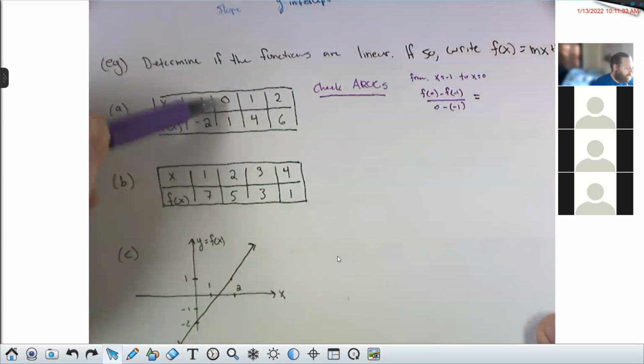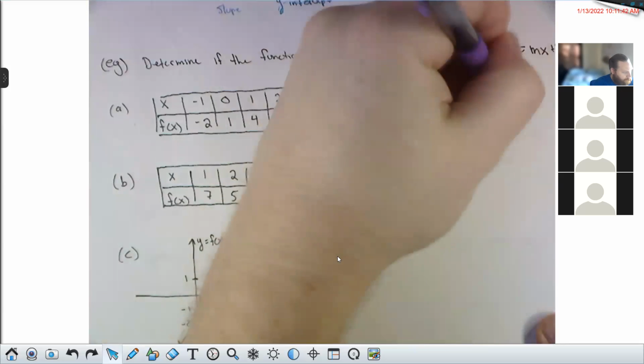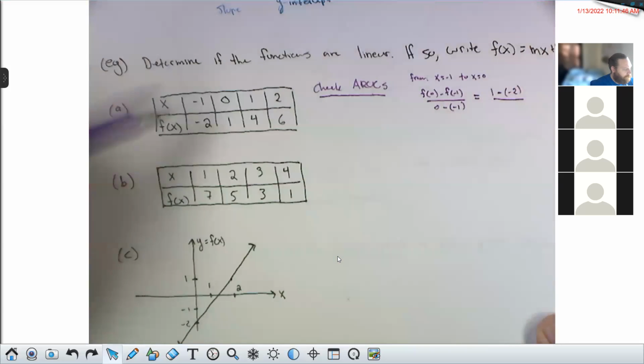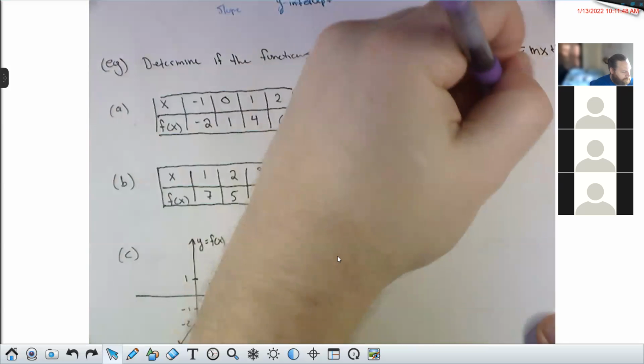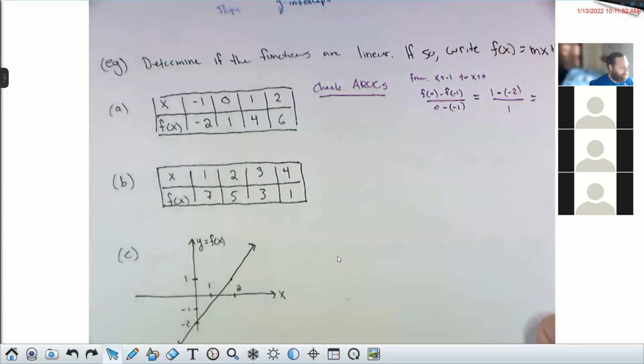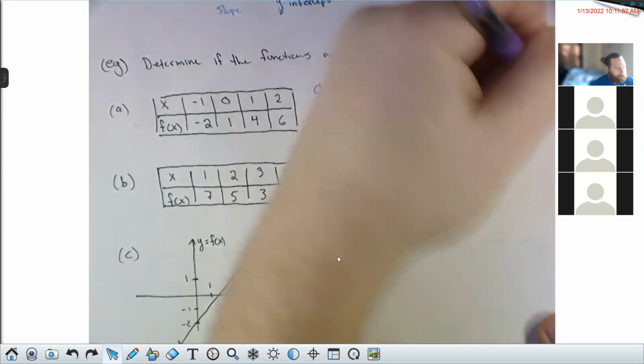F of 0 is 1. F of -1 is -2. So this is 1 minus -2 divided by 0 minus -1, which is 1. 1 minus -2, that's 3. So this is 3 over 1, which is just 3.